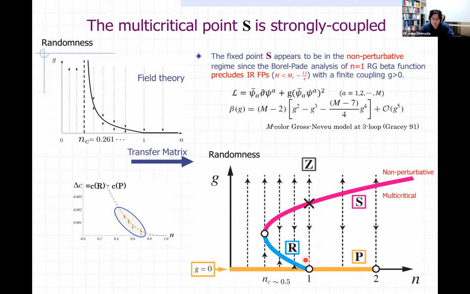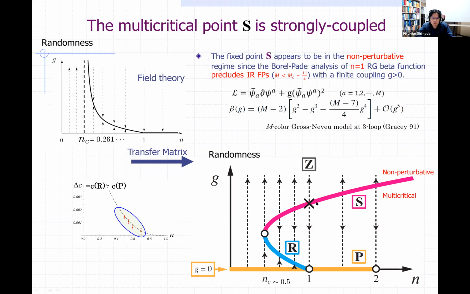And here we have some logarithmic CFT, but on top of that we have this strongly disordered fixed point. So at n equal 1, this random bond Ising model is equivalent to the M-coupled model at n equals 0. And we can do some Borel-Padé analysis on these beta functions at some order. And we found that in every Borel-Padé scheme, there is some critical value of M, below which we have no infinite fixed point.